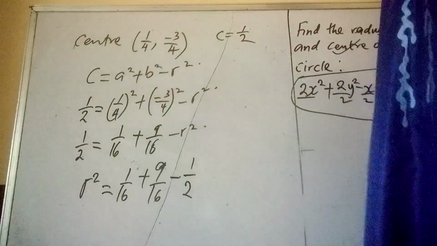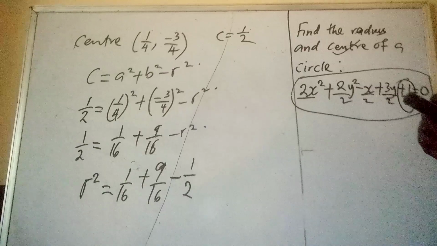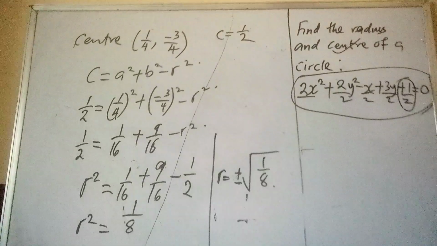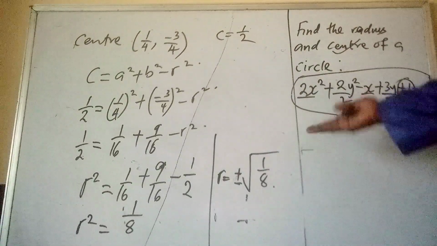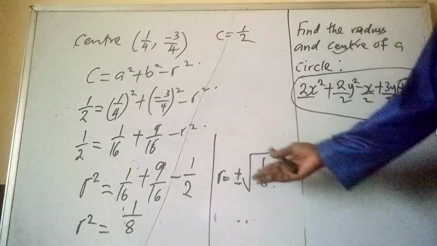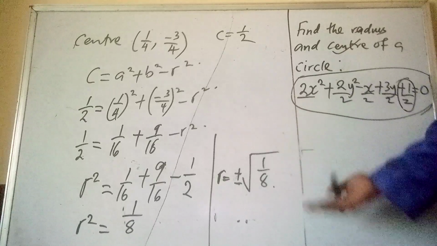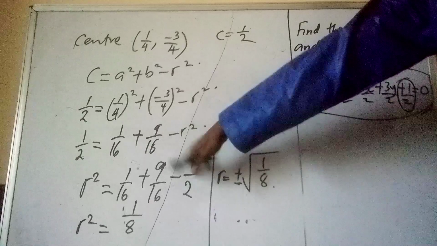So do your calculation and give me your final answer. That's the value of r. r is equal to positive or negative square root of 1 over 8.